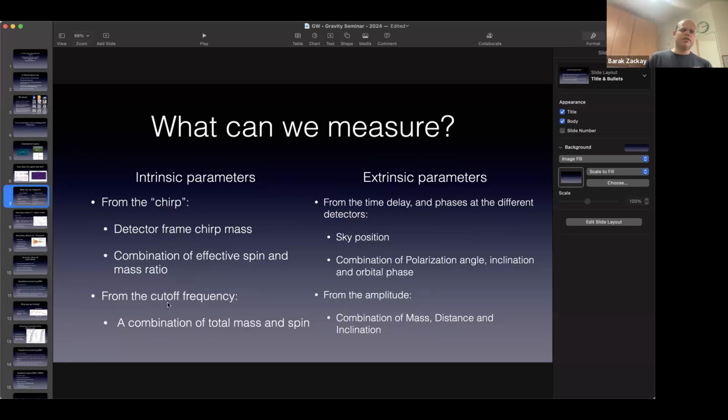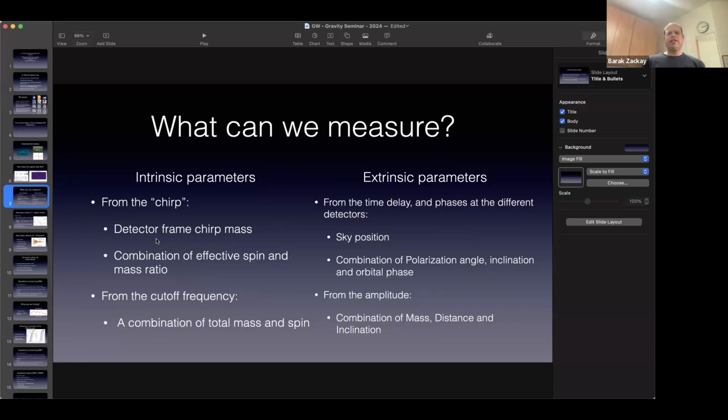And the joke is on us, because when the cutoff frequency gets in band to measure, then the degeneracy between parameters is such that suddenly you don't have two phase parameters, you have basically only one, so maybe only mass. So long story short, it's not easy to measure everything at the same time, but I think there's some lucky signal where maybe we have all of them. But that's the exception.